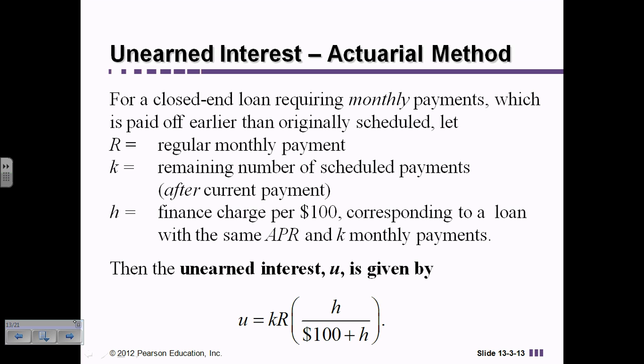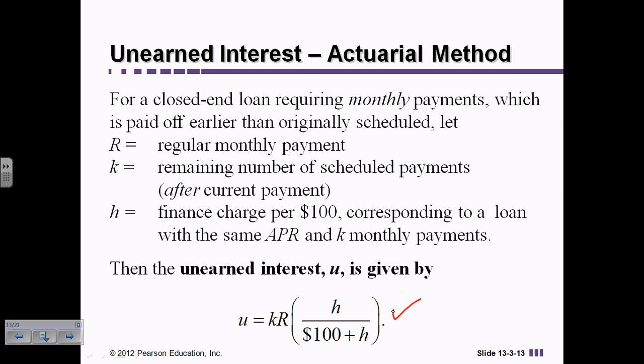The first one is called the actual method, and here are the variables you'll see in this formula, which is again another very, very important formula. Little k is how many payments are remaining. If it's a 24-month loan and you paid it off after 1 year, there were 12 payments left.